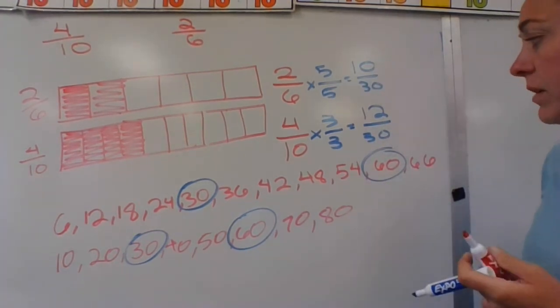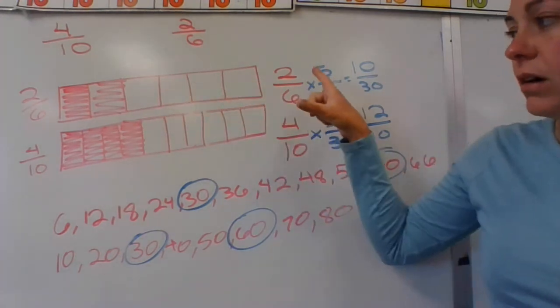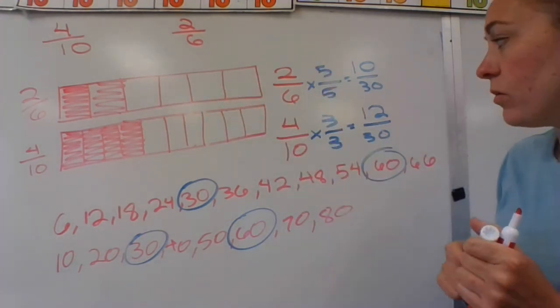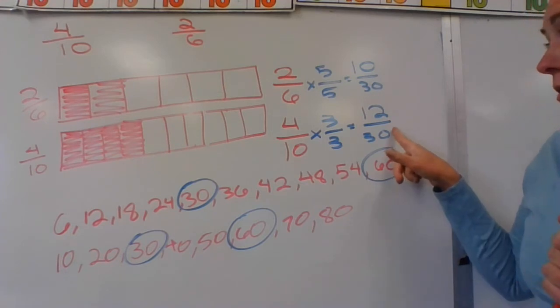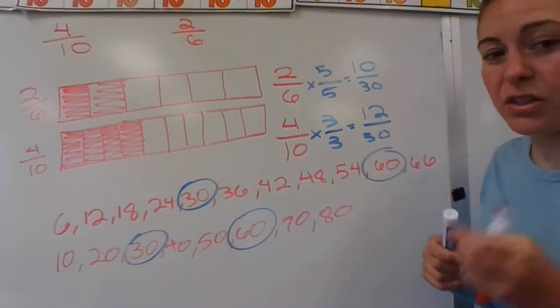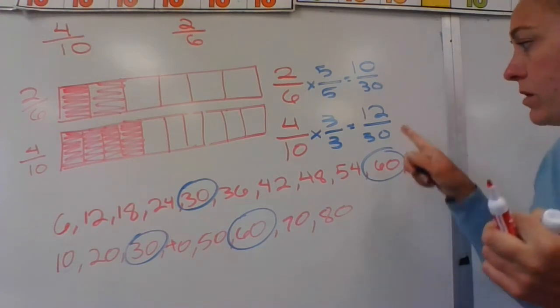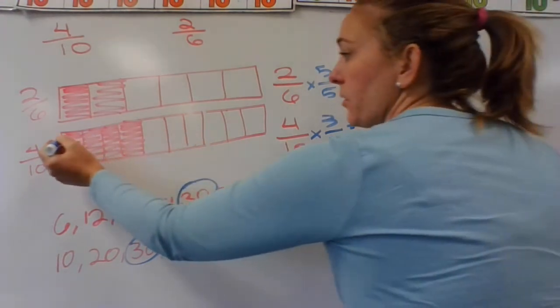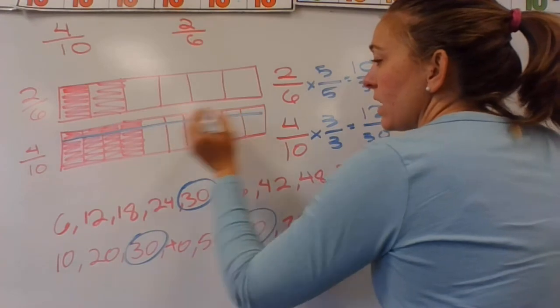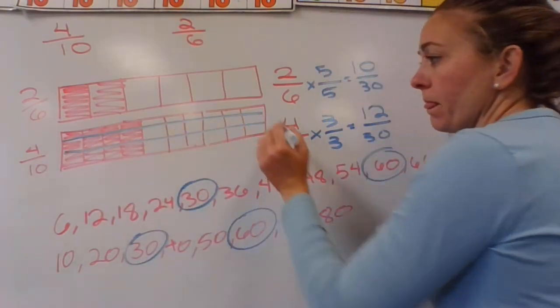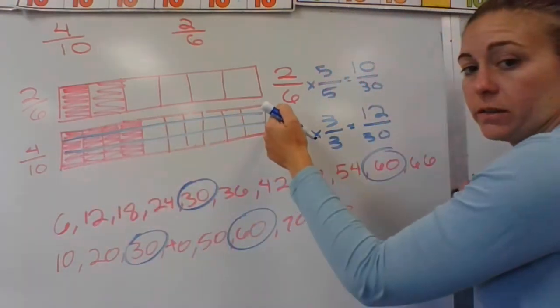So now that my denominators are the same, I have the same number of parts, I can see that really it is true that 4/10 is bigger just by a little bit than 2/6. And what we did right here was really, we just split this up into 3 parts going the other way. Now I have 30 right here. 3 times 10 is 30.